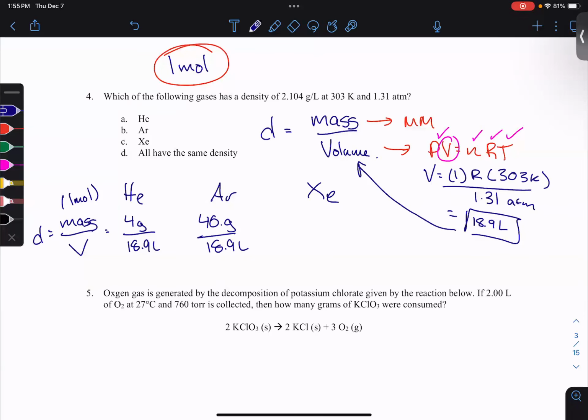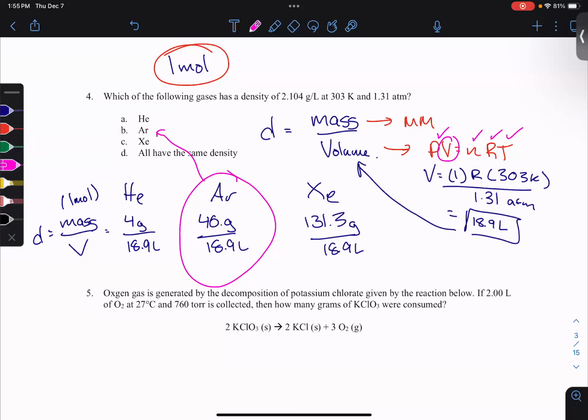And then xenon is 131.3 grams over 18.9 liters. All of these gases, as long as we have 1 mole, will occupy the same volume. The only thing that changes is the mass. I believe argon would be the closest to 2.1 grams per liter.